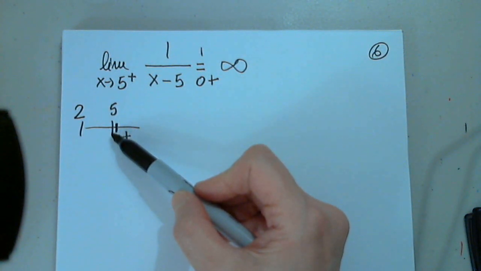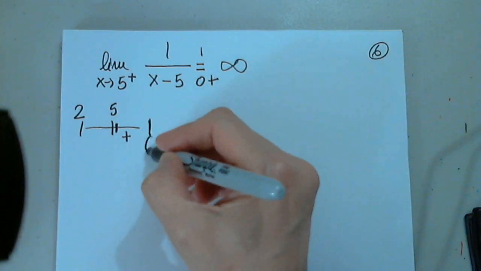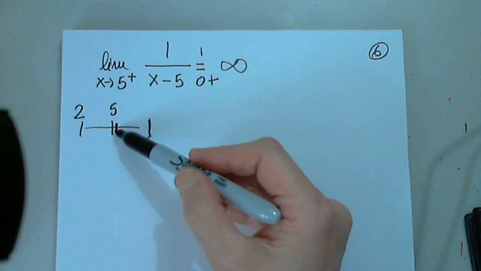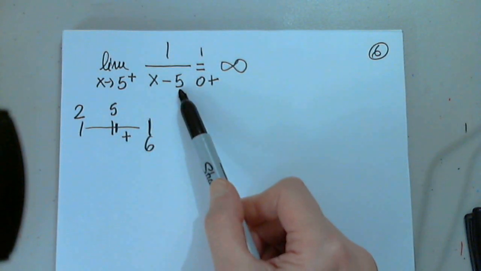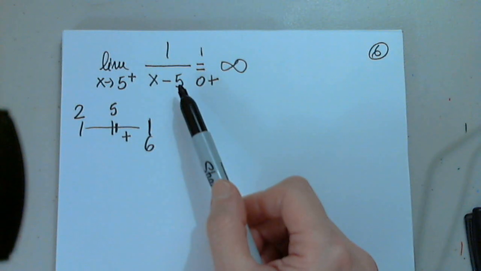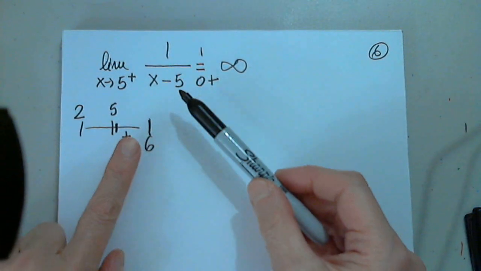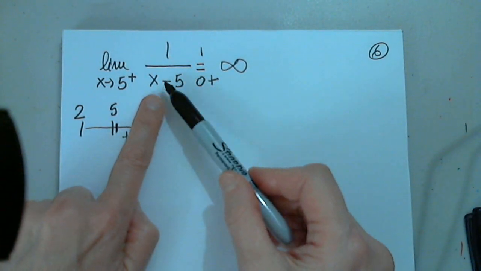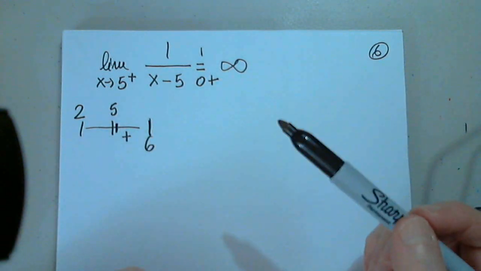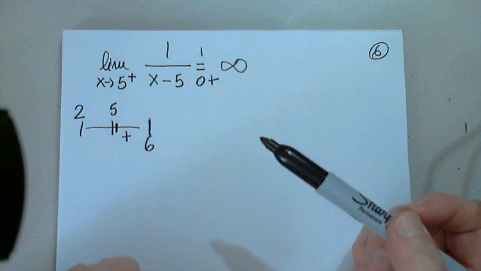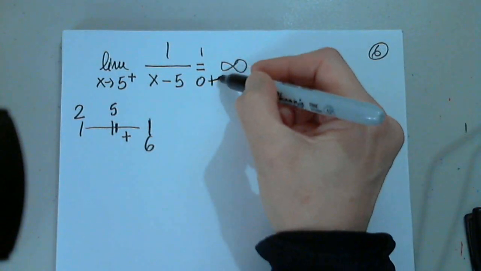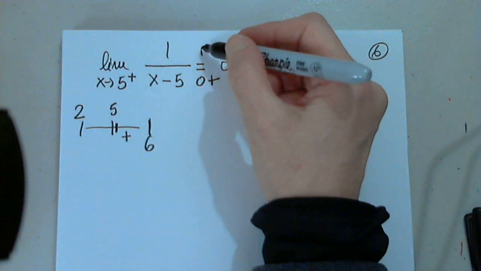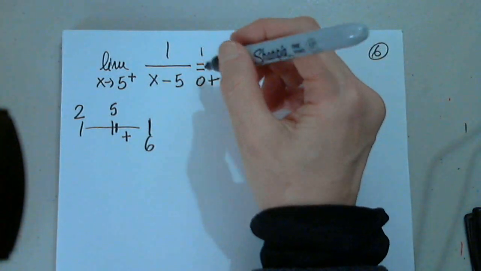Closer. I need closer. 6 is far. 5 point? 5.5. Good. 5.5 minus 5. I only need the sign of 5.5 minus 5. Okay, I see.